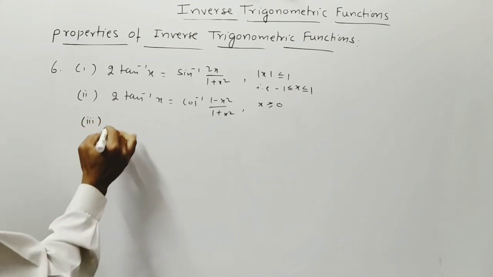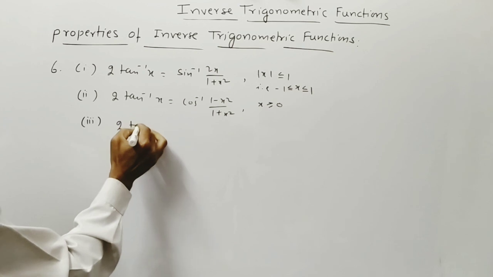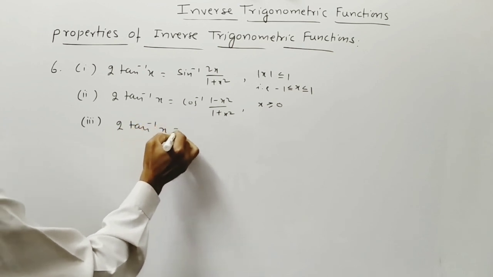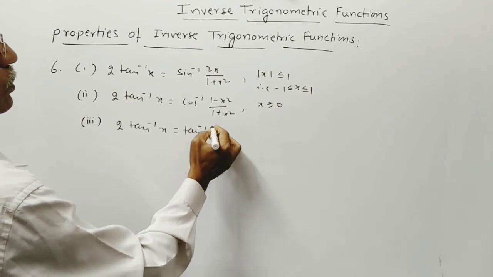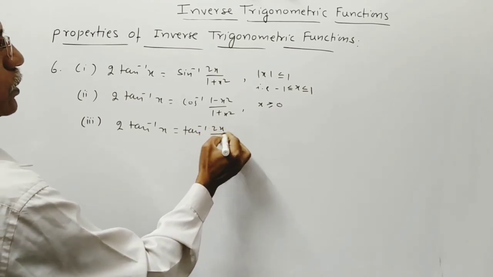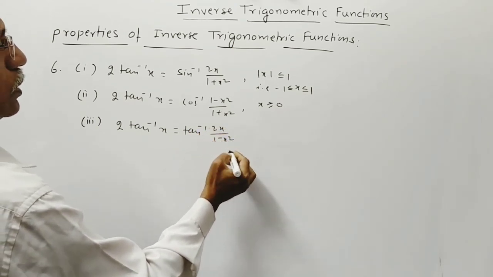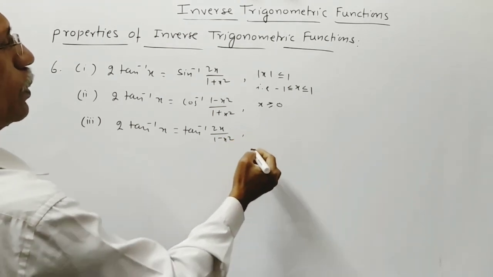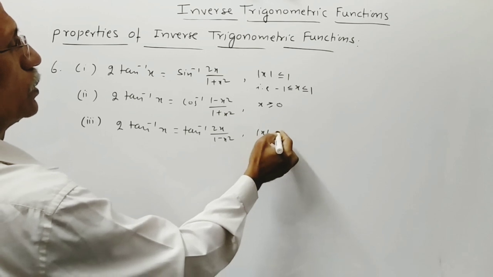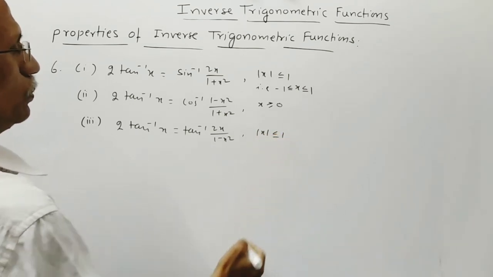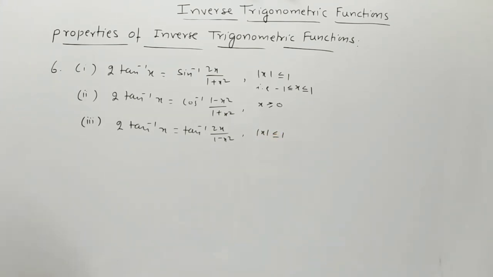Third one, 2 tan inverse of x is equal to tan inverse of 2x divided by 1 minus x square when modulus of x is less than or equal to 1.